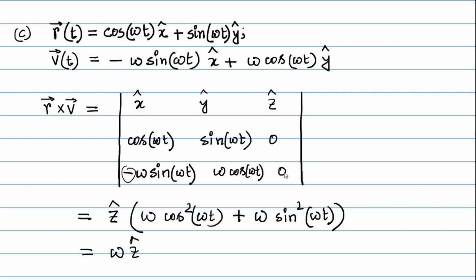Alright, and this particular property, that r cross v is going to be a constant vector, is involved with what we call the conservation of angular momentum. Because angular momentum in this case would be r cross p.